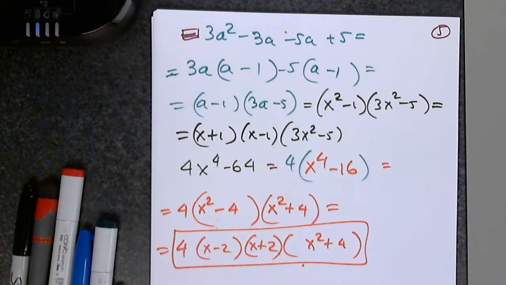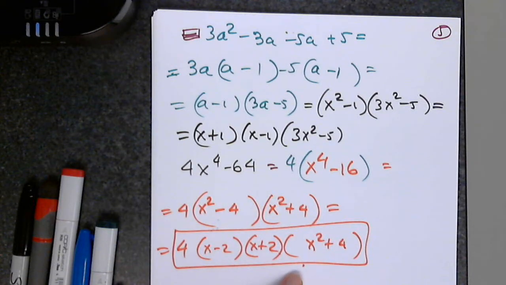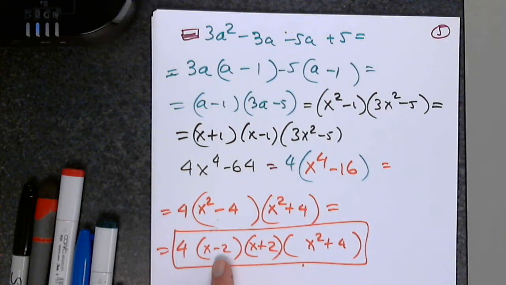Now, a few minutes ago I said if the degree is 4, I have to come up with 4 factors. But, of course, 4 is just a number. So I don't have 4 factors here. I have one factor, which is x minus 2, and another factor, which is x plus 2. But actually, I have 2 here, and I cannot factor it because it's degree 2.